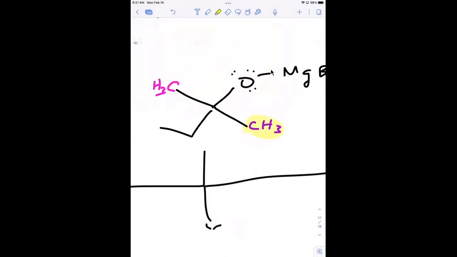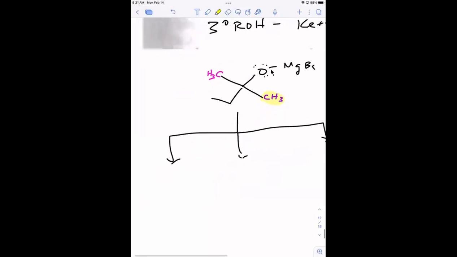What would the mechanism be to get to the 2 start materials there? Can I try it? Go ahead. Okay. Is that right?